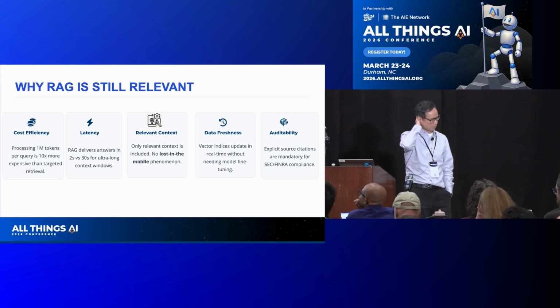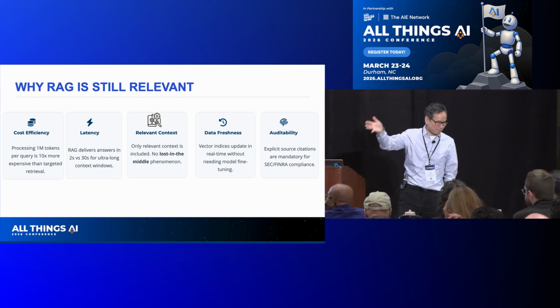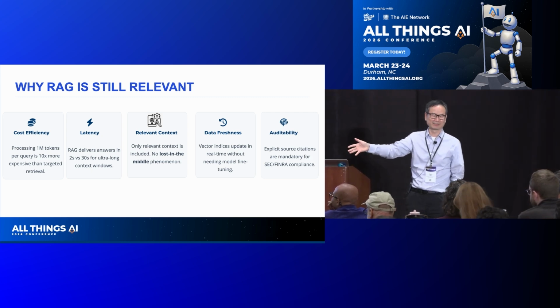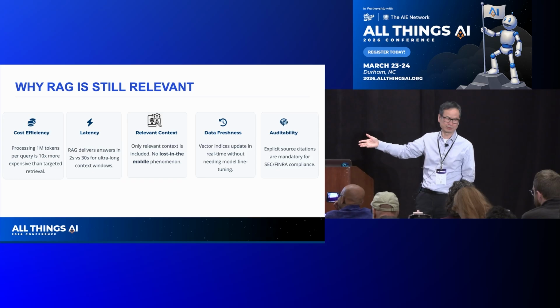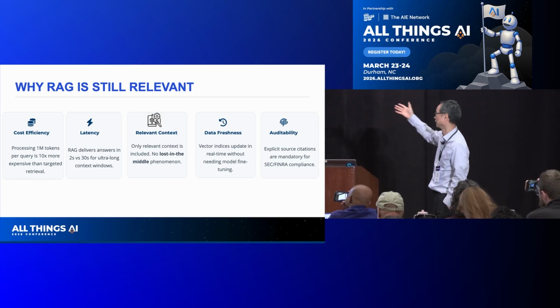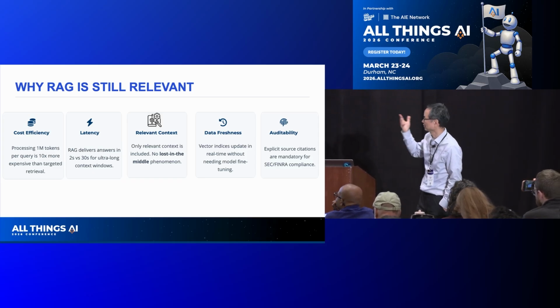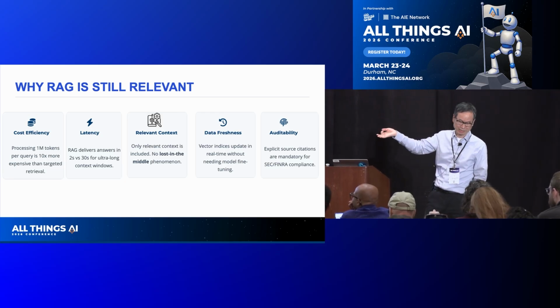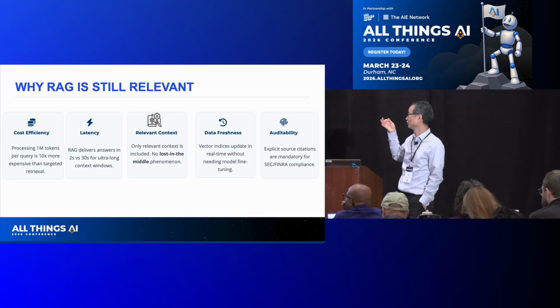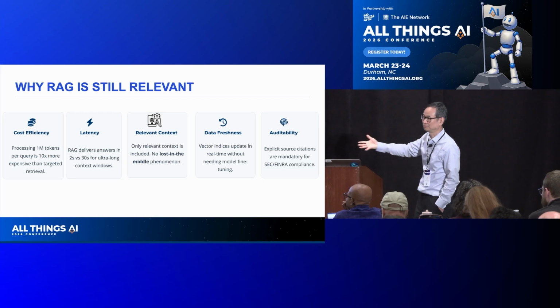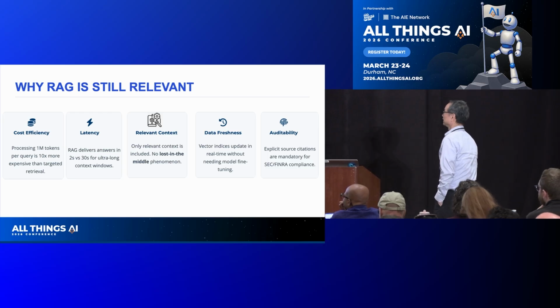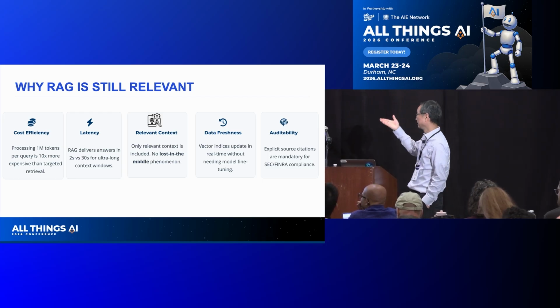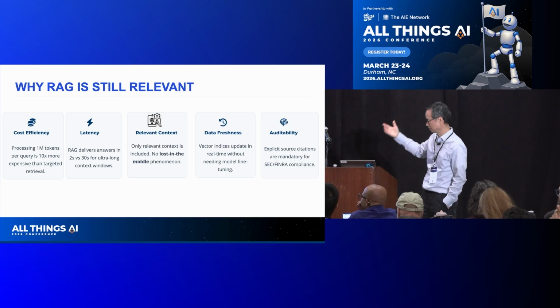So even with a million token context window, RAG is still relevant in those three areas we just talked about: cost, latency, as well as relevant context, so that it will reduce hallucination, as well as provide data freshness and auditability.